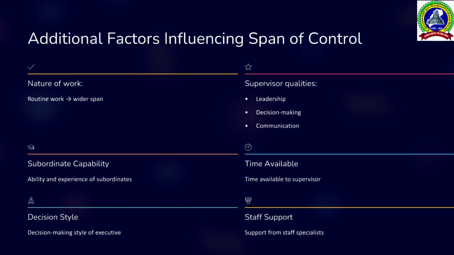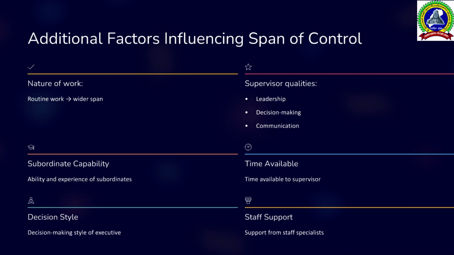Now we will continue with additional influencing factors including nature of work, experience of subordinates, and leadership capability. When work is routine and simple, supervisors can handle a wider span. Skilled supervisors with leadership, decision making, and communication ability can manage more employees.